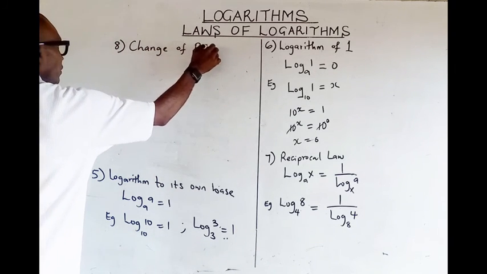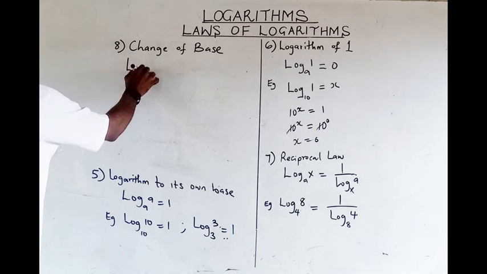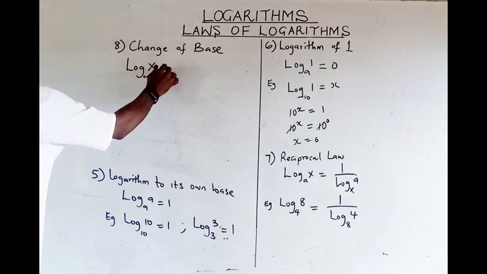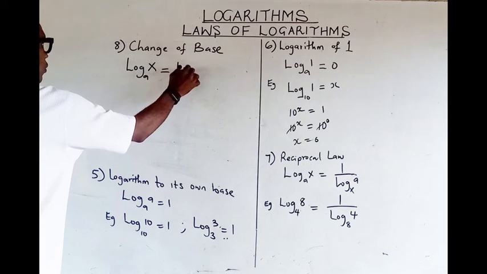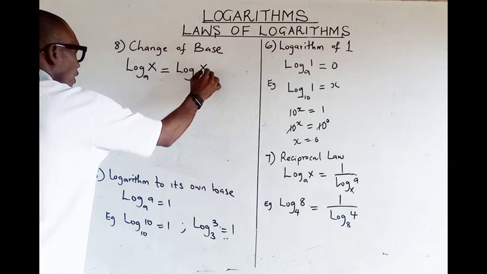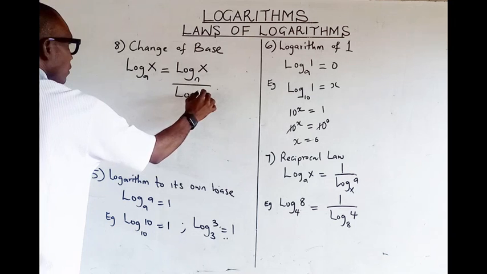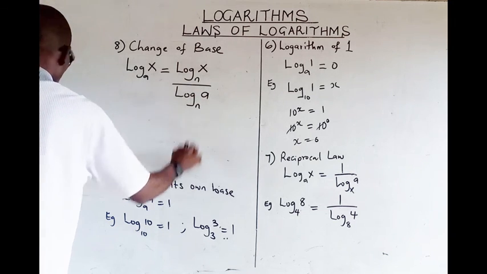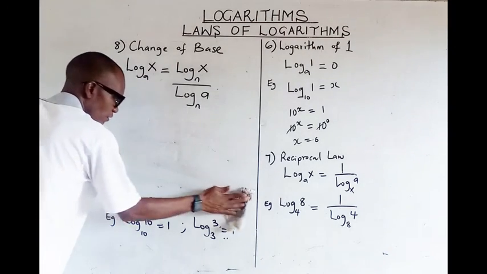The change of base law states that if you have log x base a, if this base is to change, it turns to log x base n all over log a base n. So these are the laws of logarithm.